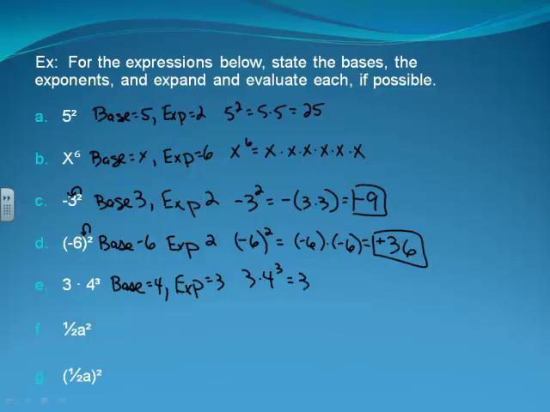So we've got 3 times 4 times 4 times 4, which is equal to 3 times, if you take 4 times 4 times 4, you get 64. And 3 times 64 is 192.